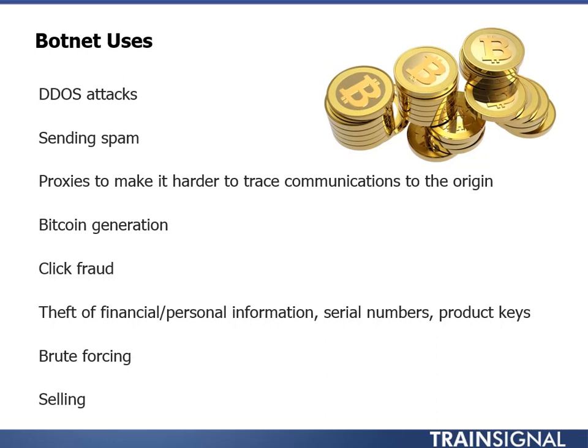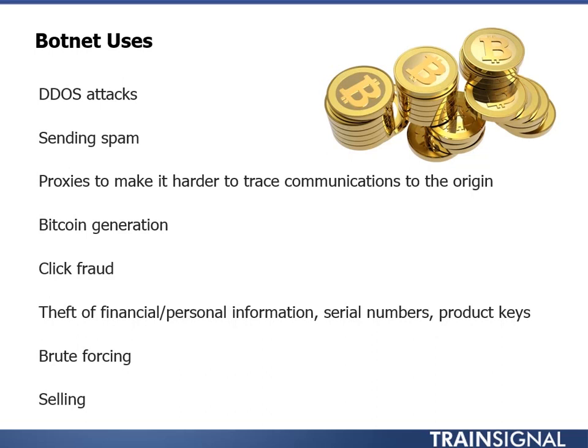Lately, I've seen botnets used for Bitcoin generation. If you're not familiar with Bitcoin, it's an online form of currency not endorsed by any particular government, but it's actually pretty commonly used, and you can buy a lot of legit as well as illegitimate services with Bitcoin. So Bitcoin is a real currency that you can exchange for goods and services on the internet. It's a funny thing though, because you can simply run software on your computer to generate Bitcoins. That is how Bitcoins come into play. People just generate them using cryptographic algorithms.